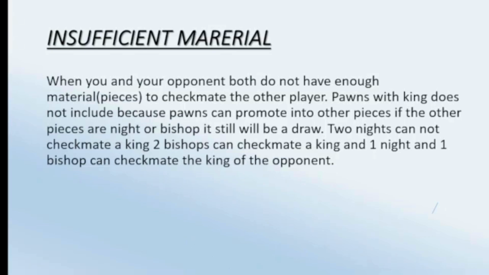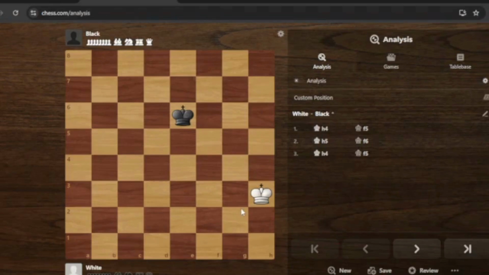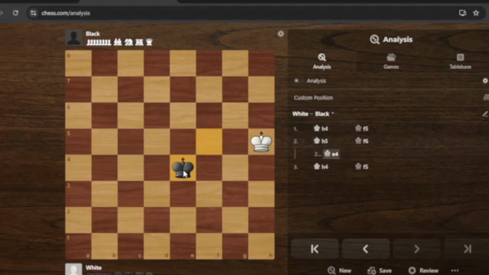So like this. What can happen with two kings? Well, white goes here, f5. You can see the kings move in a square, like I told you.